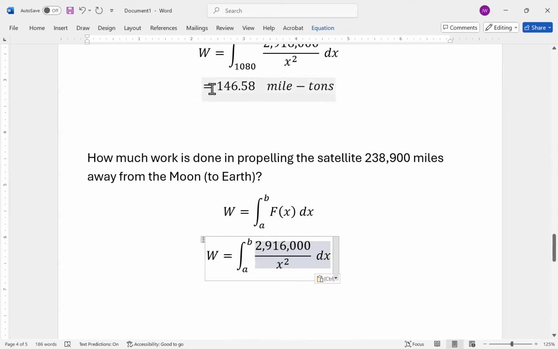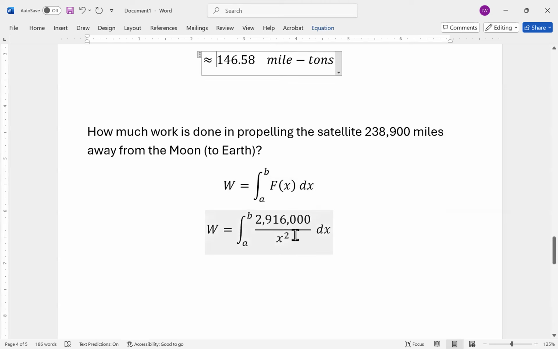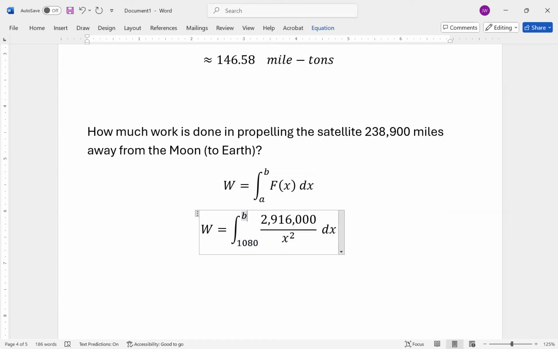Oh, I apologize. That was a rounded number. So let's do that. Let's propel it 238,900 miles away from the moon. So it's on the moon, and we're going to shoot it out that far. We're going to start at 1,080.